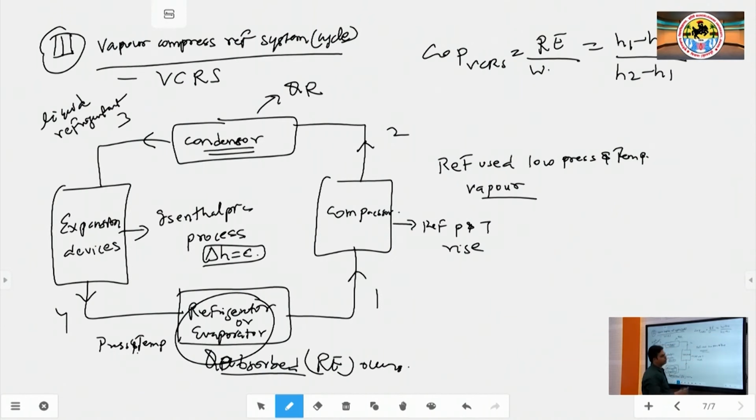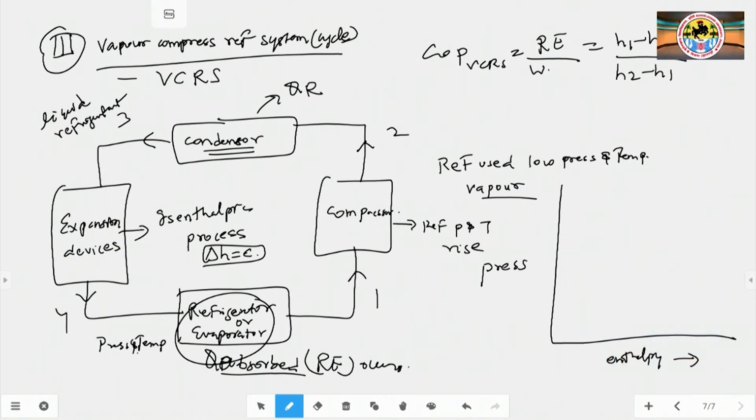Or we can also draw the pressure enthalpy diagram for the vapor compression refrigeration cycle, also called the pH diagram.